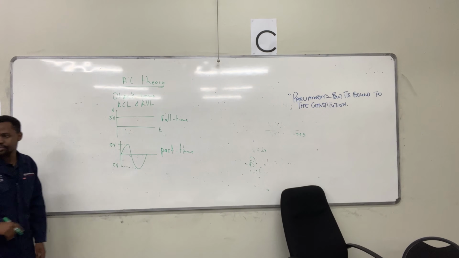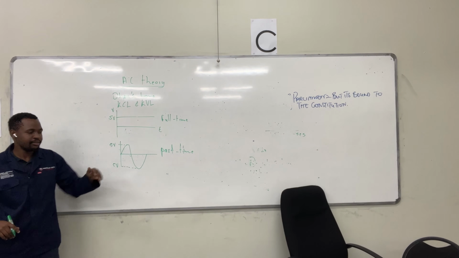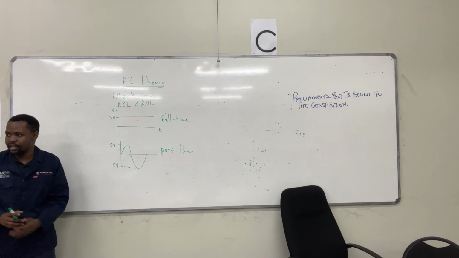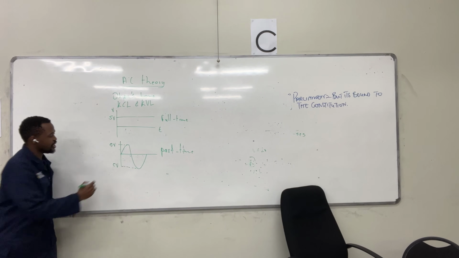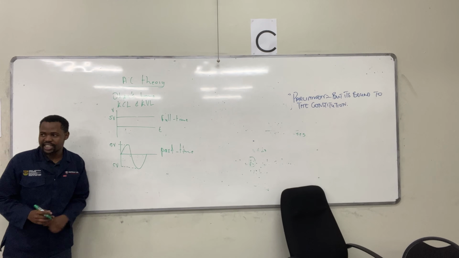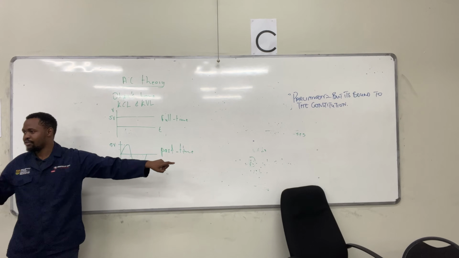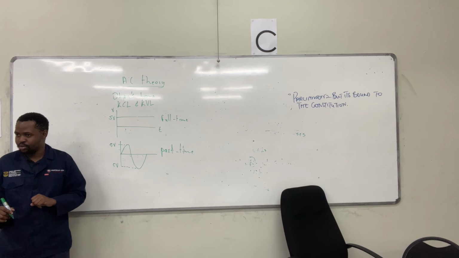About the difference between the two: this one is giving you a constant voltage of 5 volts, but this one is giving you a varying voltage, which is varying in magnitude, and is also varying in direction. Current flows up, but it also varies in magnitude.